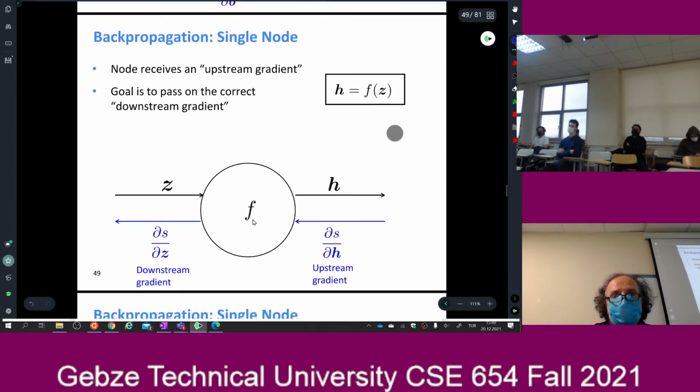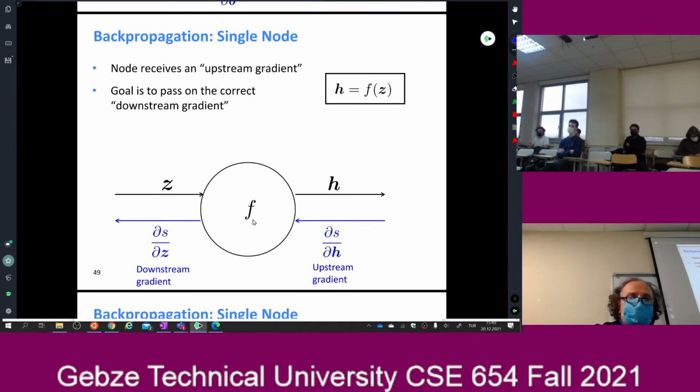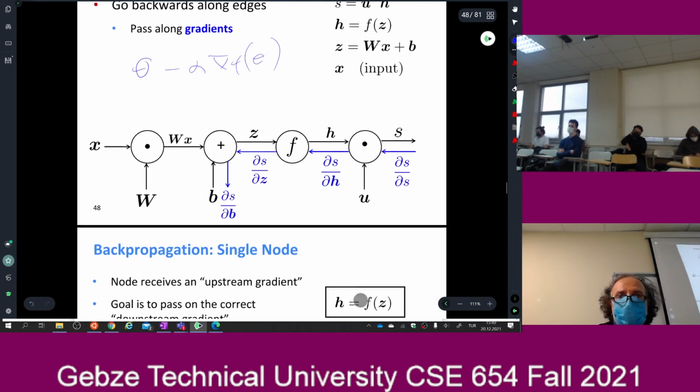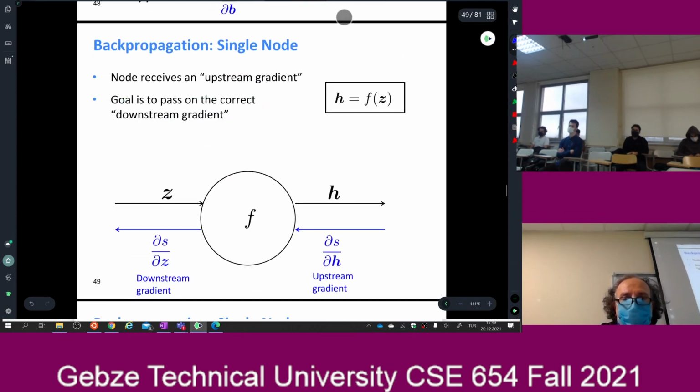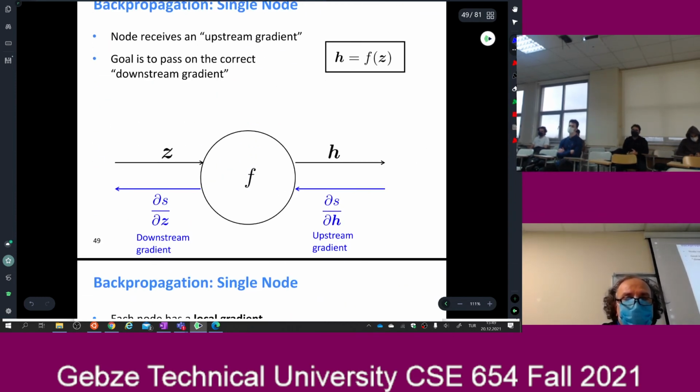this procedure. So I have a single node here. Z is the input, H is the output. Downstream gradient, upstream gradient. Remember, I get something from here. When I multiply this one with whatever I have calculated, it becomes the chain rule. That's what I'm trying to achieve. So this is the downstream gradient, upstream gradient.